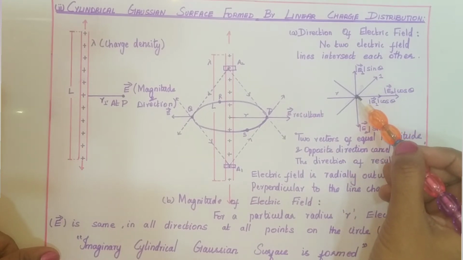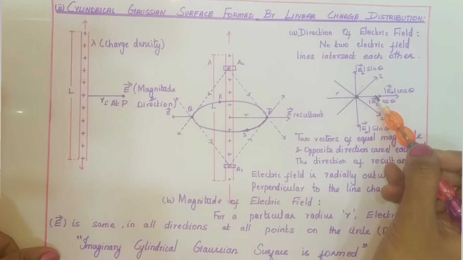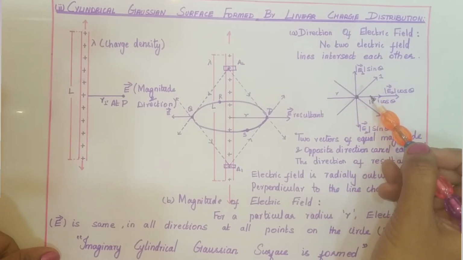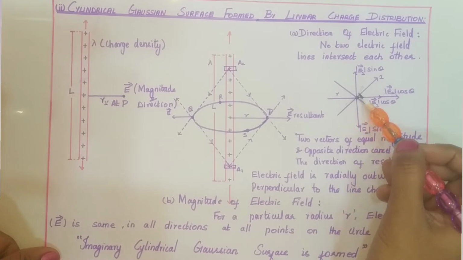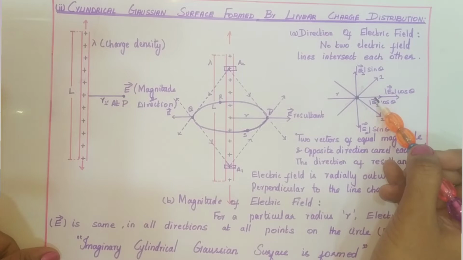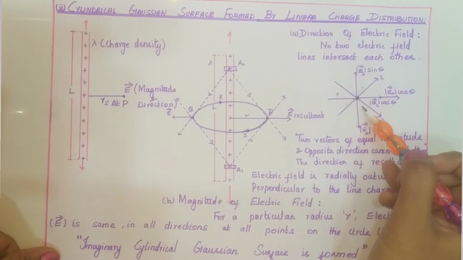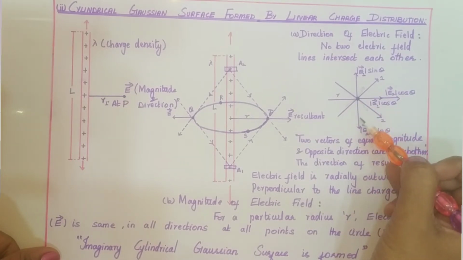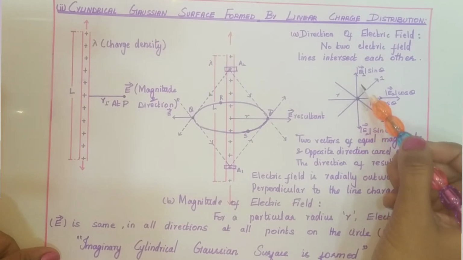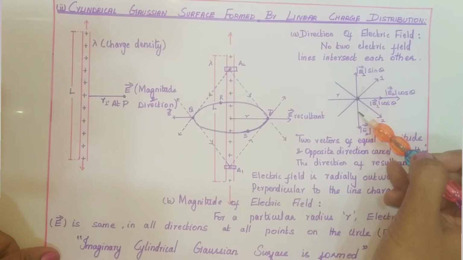At the point we have to resolve the electric field lines into vertical components and horizontal components. See, for this electric field line, here are the vertical and horizontal components, and for this one, here are the vertical and the horizontal components. And we know that vectors of opposite direction and equal magnitude cancel each other.